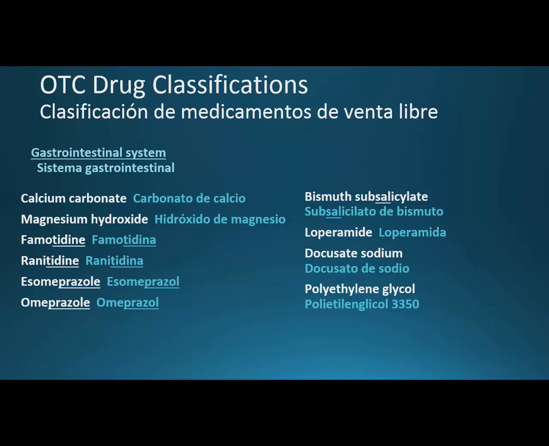Okay? So OTC drug classifications, clasificación de medicamentos de venta libre, and I'll keep using that venta libre, I just prefer it, but sin receta is just as right or correct. Gastrointestinal system, sistema gastrointestinal. Calcium carbonate is carbonato de calcio.